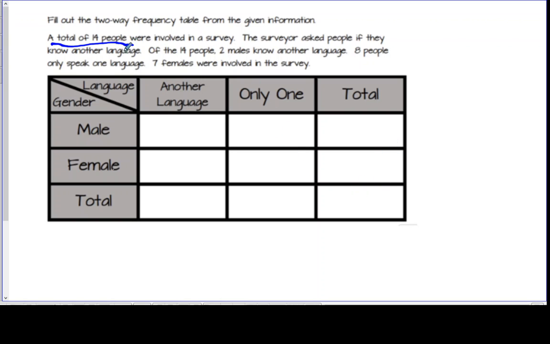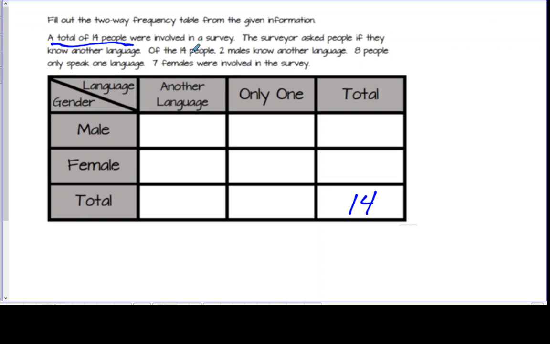Remember, the total number of people in a survey for these tables is always represented by this box right here. So we know 14 has to go right here, because this number represents the total of everything for our two-way table.